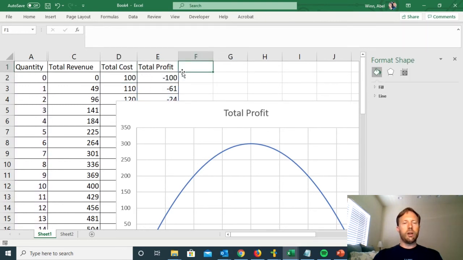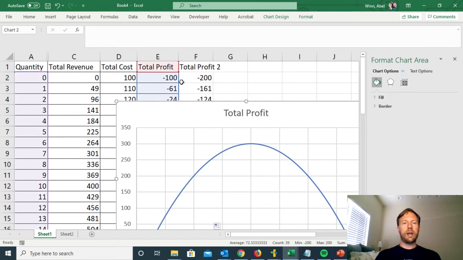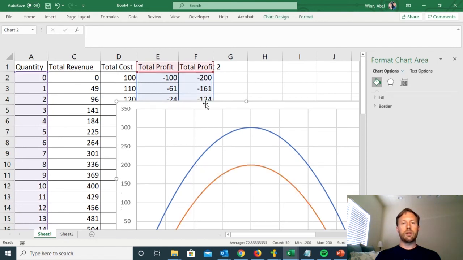If we wanted to find an alternative total profit, call that total profit 2, it's just going to be the total profit before minus another $100 in fixed costs. And so you copy that down and now make this a graph of both of these two.